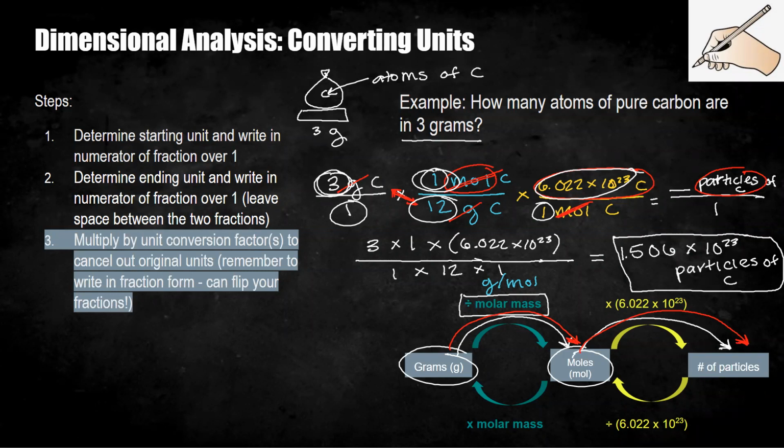And then I canceled out units of moles and made the leap over to number of particles. Then I multiplied all these numbers in the numerator together and divided them by the numbers in the denominator. And I got my final answer of 1.506 times 10 to the 23rd particles of carbon.